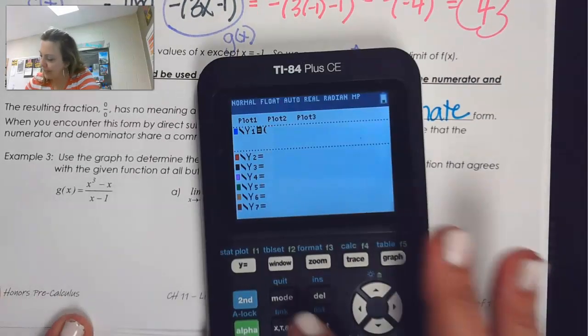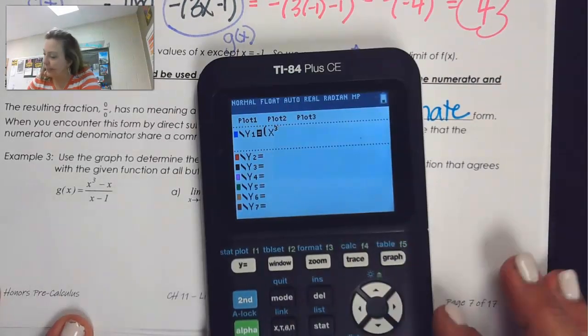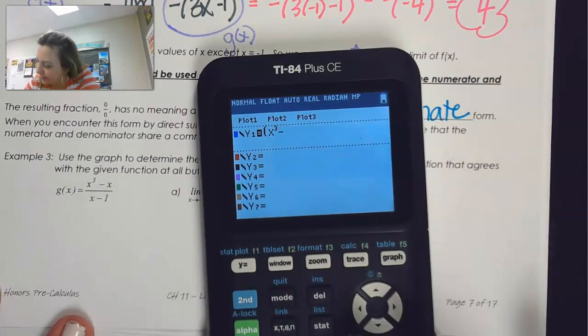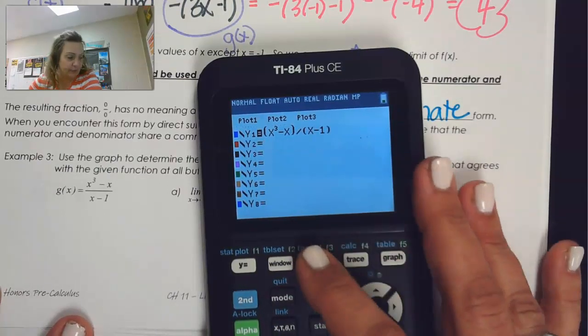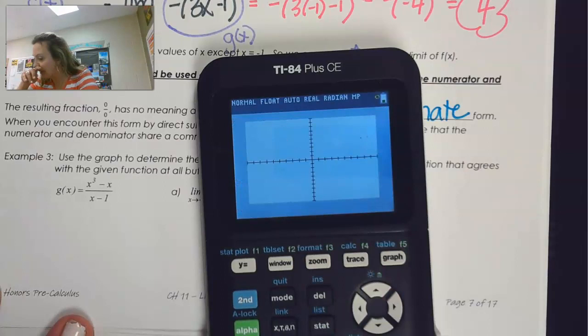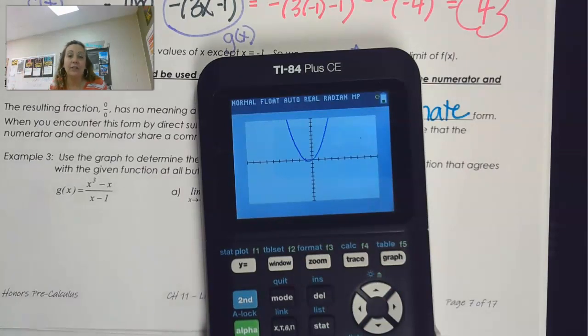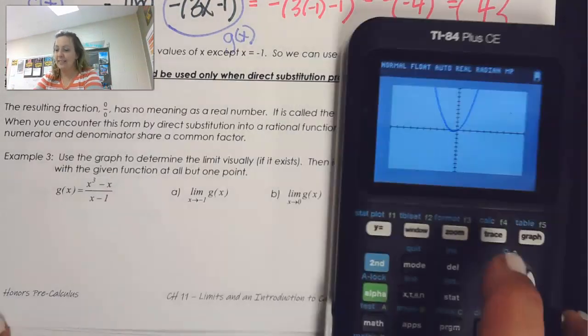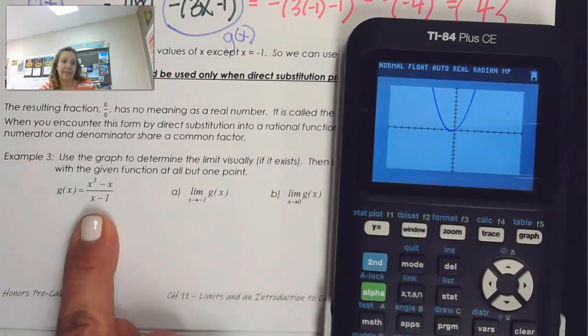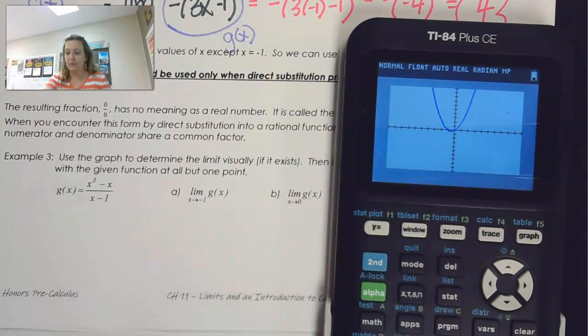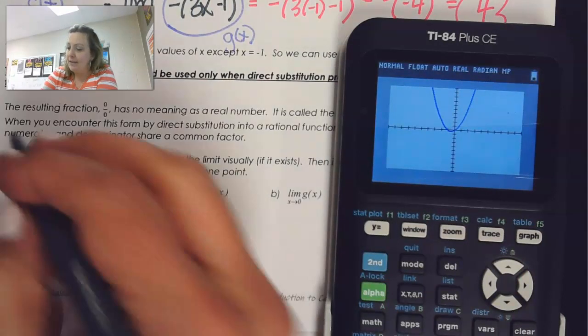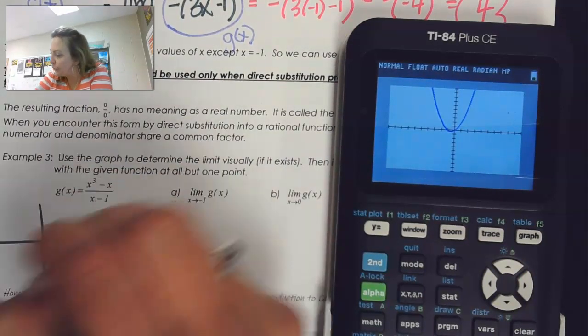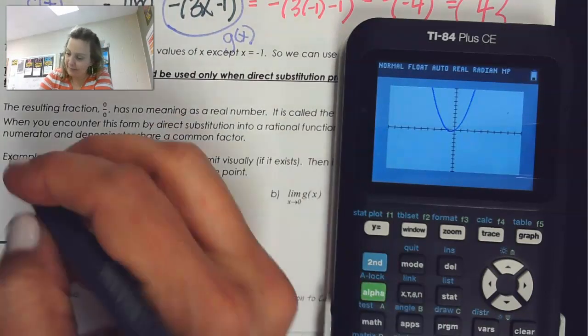We can put x cubed minus x divided by x minus 1. I'm just going to zoom 6 this for right now. And it looks like it's totally fine, right? However, if we look at our denominator, we can see that there's not going to be a value at x equals 1.